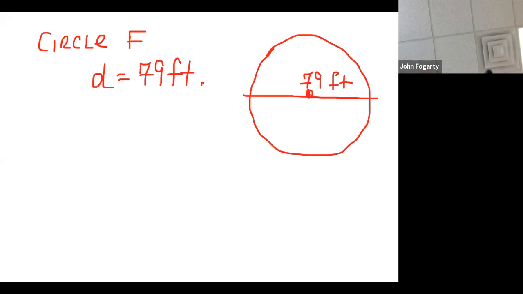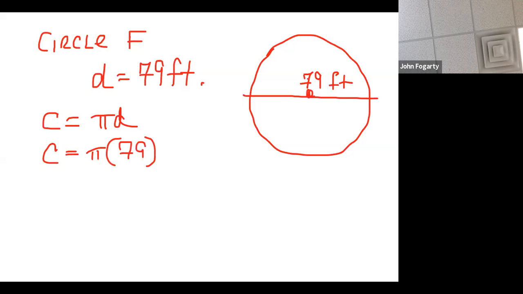If I said to you, somebody tell me what the circumference would be. I know the circumference is pi d, right? I know d, and I'm looking for c. So the circumference is pi times 79.